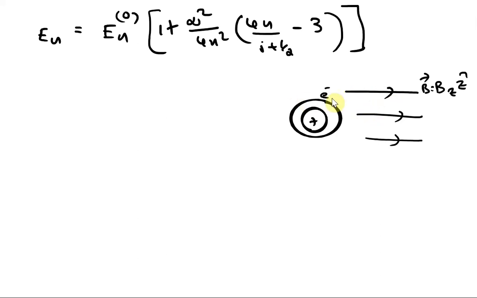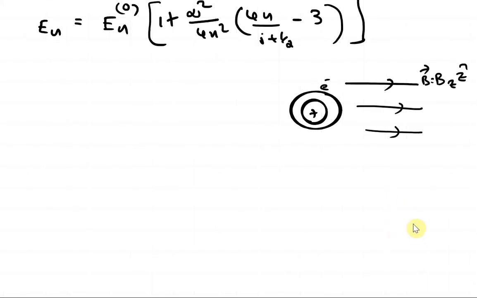Associated with the spin, we have a magnetic moment corresponding to that spin, and that will also interact with this field. So we have to put in that information, and the interaction energy will generally be written like this.